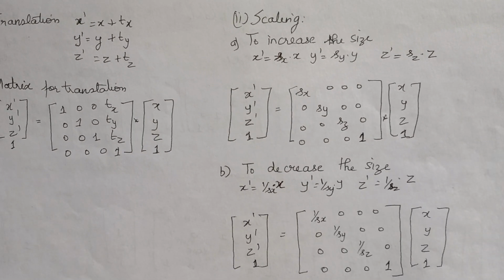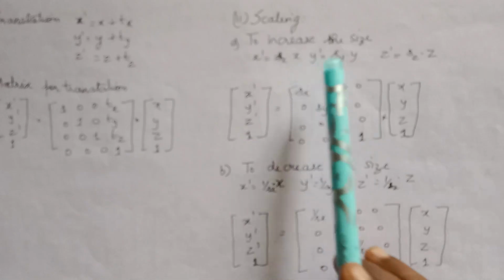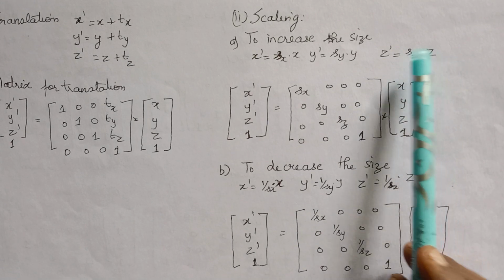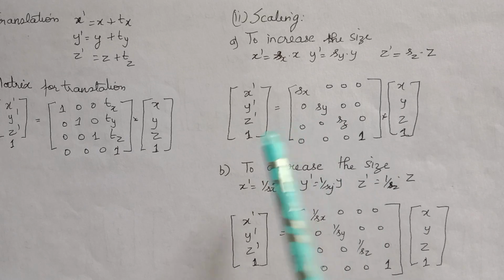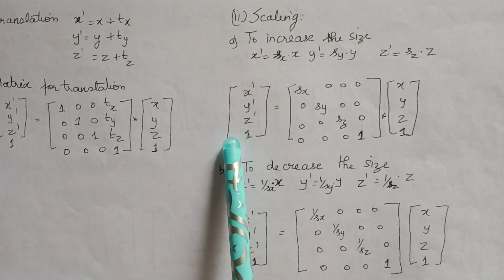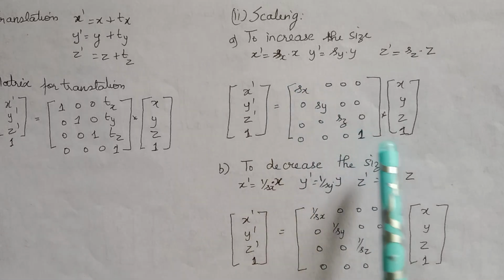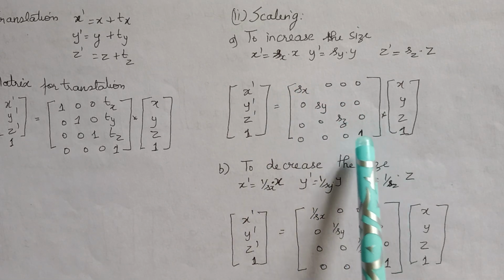Now for scaling. Scaling means to increase the size. x dash will be sx into x, y dash will be sy into y, z dash will be sz into z. Sx, sy, and sz are the scaling factors. So the new coordinates x dash, y dash, z dash, 1 will be: write the diagonals only, sx, sy, sz, 1.